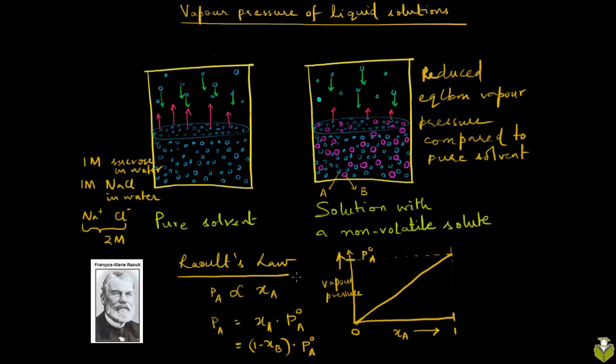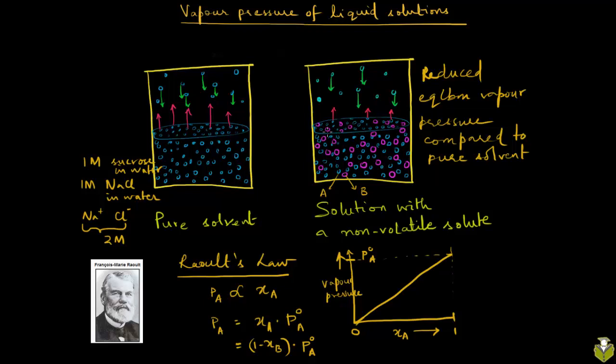It doesn't say anything about whether these solute and solvent molecules interact with each other, whether there is a heat of mixing involved, or whether the particles are much larger or much smaller, or of similar size as the solvent molecules, because that is going to change the fraction of surface area occupied by solute versus solvent, and then accordingly change the vapor pressure of the solvent in that solution.